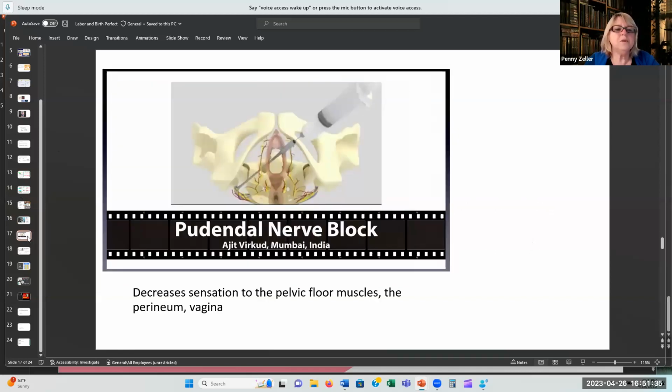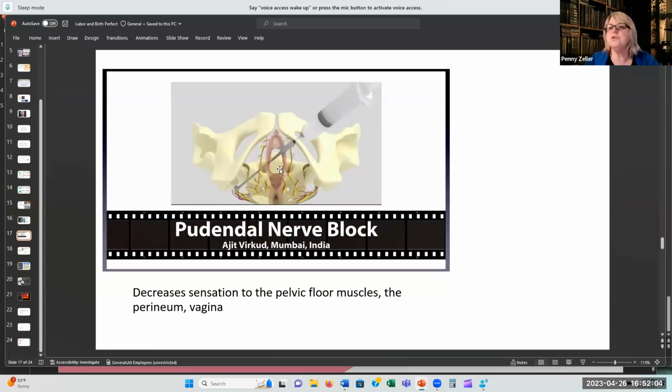The pudendal nerve block is the most ideal form of analgesia during the transition, or late going into the transition phase of labor, because it's going to anesthetize the perineum and those more somatic areas where the mother has most of her pain.